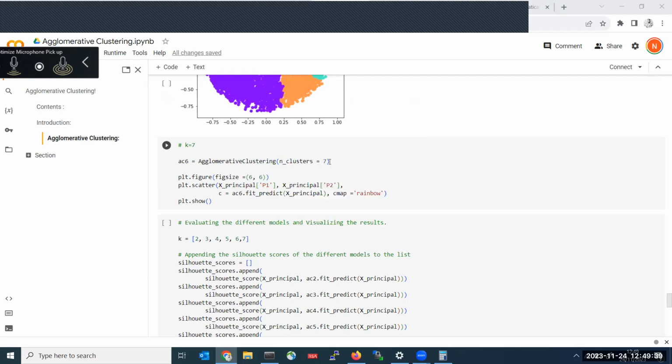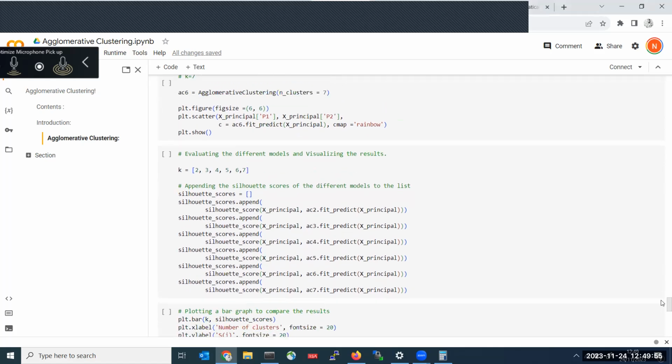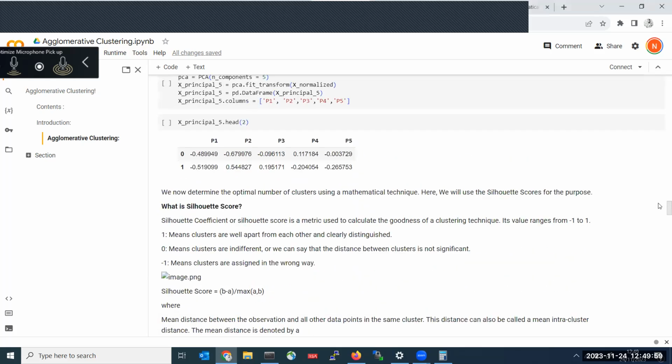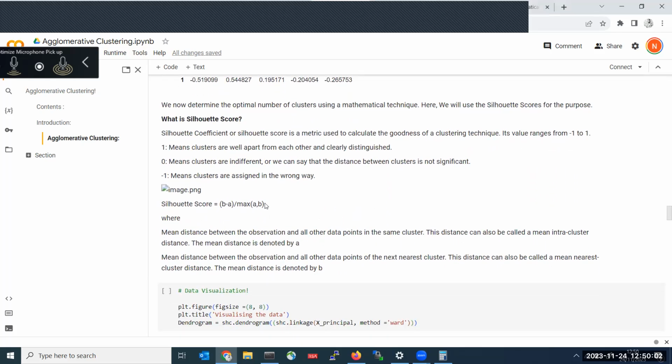Okay, so now cluster 7. Like this, I am testing 2 clusters, 3, 4, 5, 6, 7 clusters. I can't check like this, step by step, again and again. That's why there is a concept called Silhouette score. To calculate this Silhouette score, there is also a mathematical formula. See, this is the formula: B minus A divided by the maximum of A and B, where A represents the mean distance between the observation and all the other data points in the same cluster.